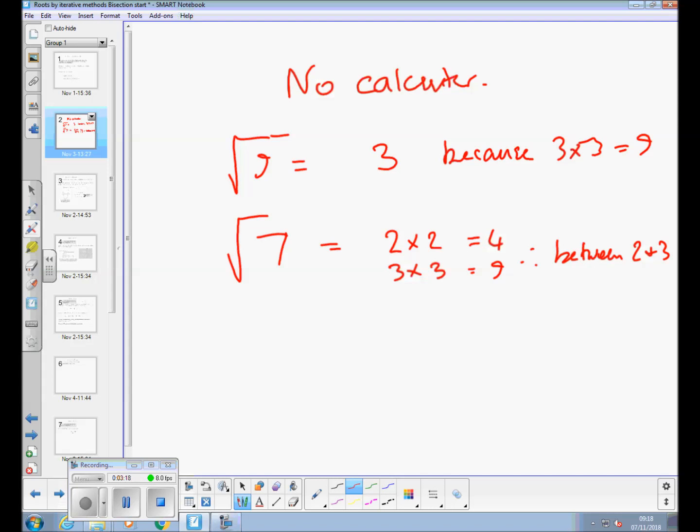So how are you going to take that further to get more decimal places? What is 2.5 times 2.5?